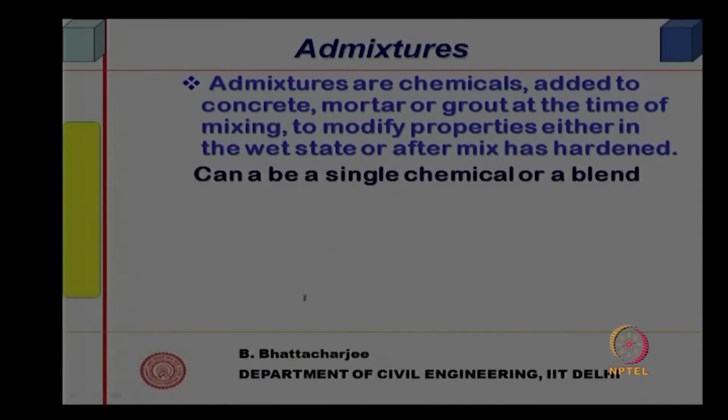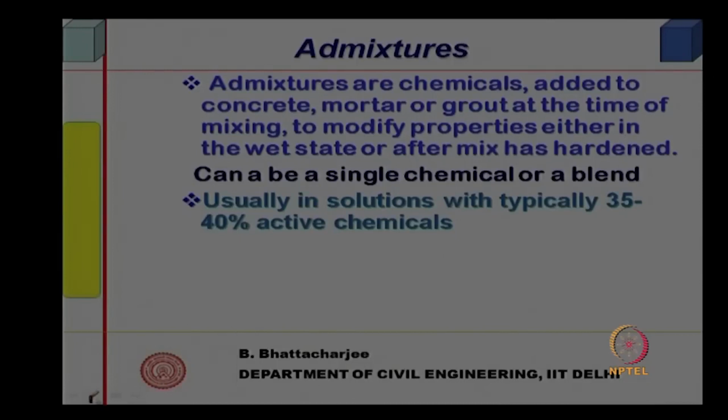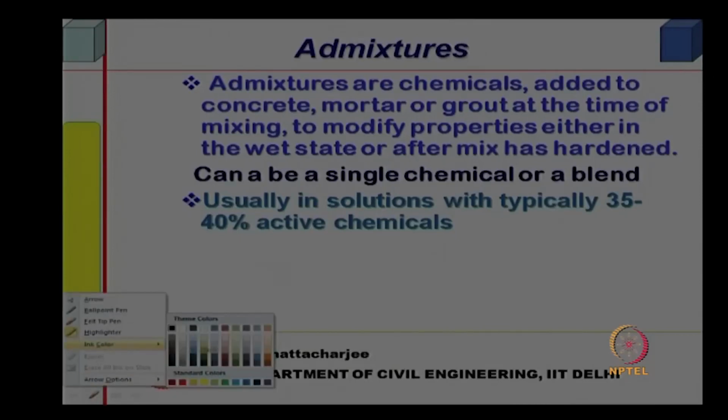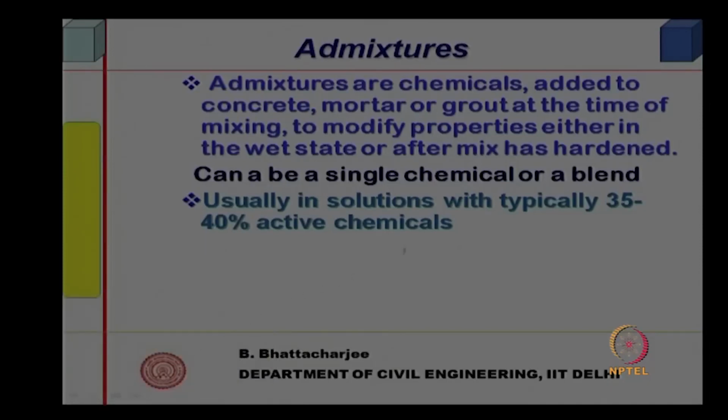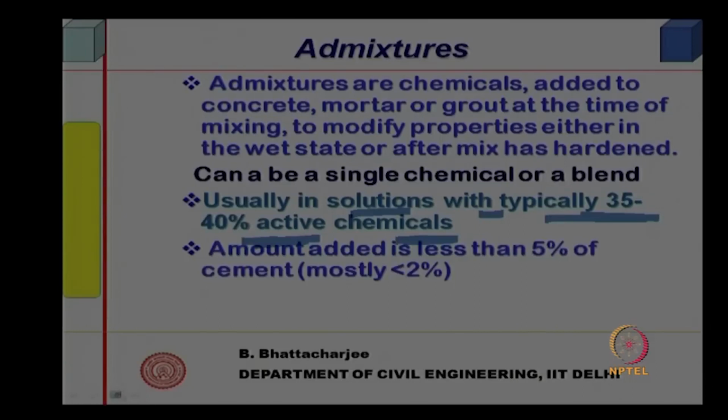So, generally in solution form, typically 35 to 40% would be solid active chemicals and the rest all is solvent. Generally the amount added is very small, less than 5%, quite often less than 2%.